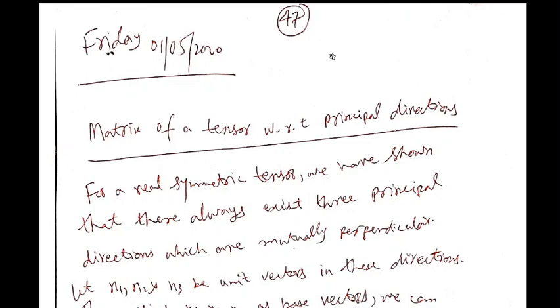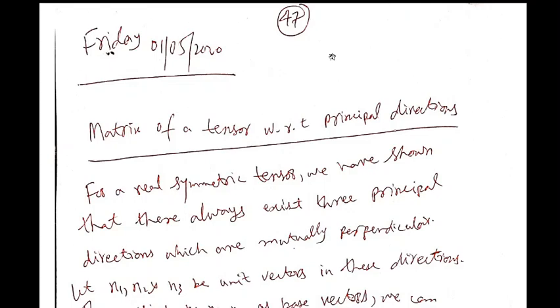As you have studied, if you have a tensor T with respect to basis ei, then you can write that tensor with respect to basis ei dash if the transformation matrix Q which transforms ei to ei dash is given.